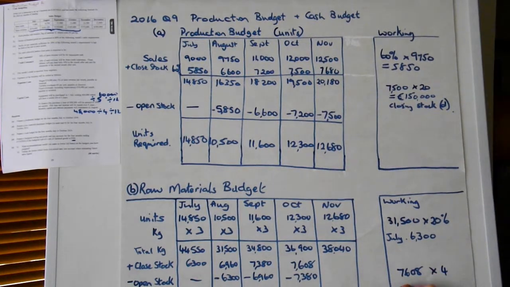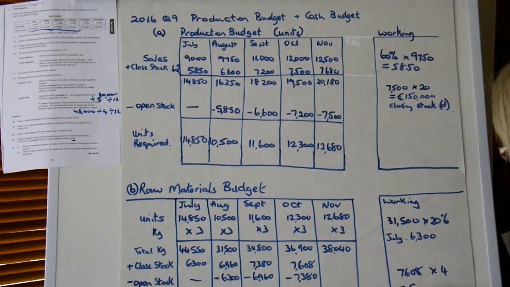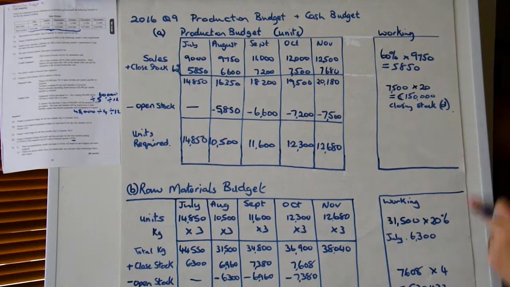So if I multiply that out, I will get my closing stock for part D on the raw materials. That works out at 30,432. So these two together then will make up my closing stock for part D.